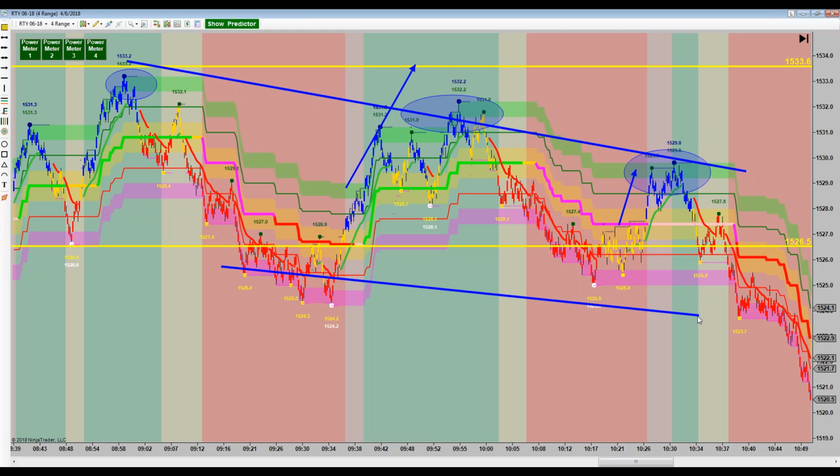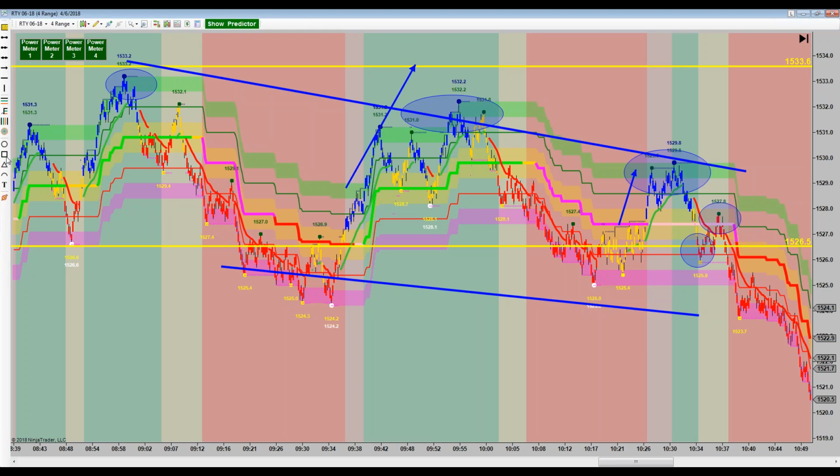Now when you got that confirmation is when you got these points right here, right here, which you can make the case was a check of the support level one more time, and I would agree with that. But then how about that one right there?